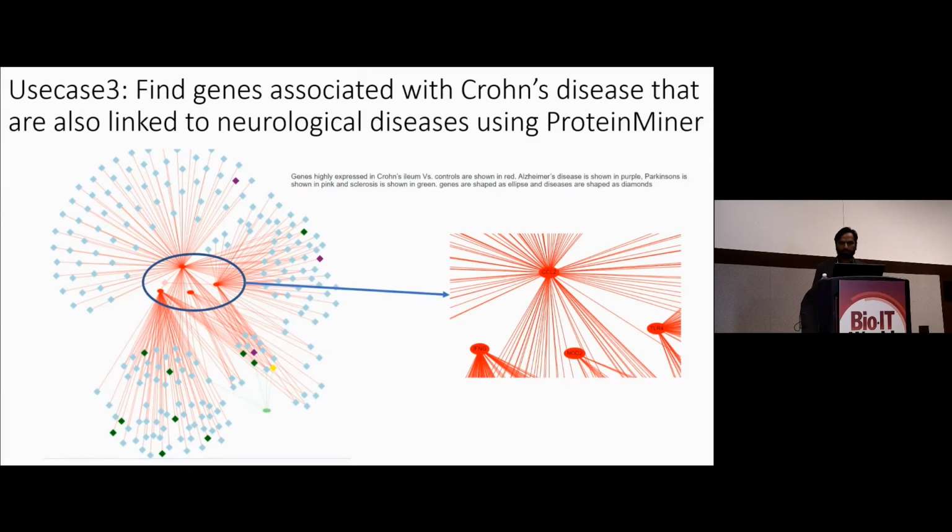We focused on Parkinson's disease, Alzheimer's, and multiple sclerosis and things of that nature. So it's easy to go from a concept to something that provides you information and start asking more complex questions. Okay, so those are all the use cases that I have.